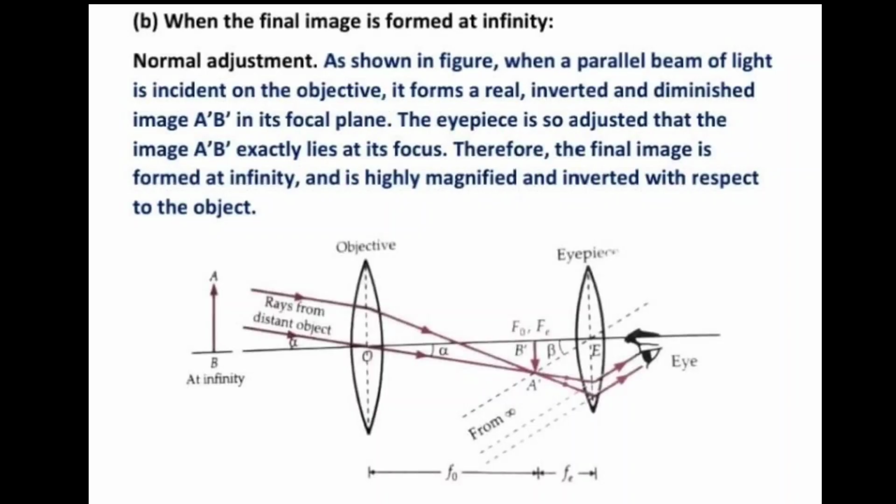The eyepiece is then adjusted so that the image A dash B dash exactly lies at its focus, and it is clearly shown in the given diagram. So the final image is then formed at infinity by following this condition, and the final image forming at infinity is highly magnified and inverted with respect to the object.